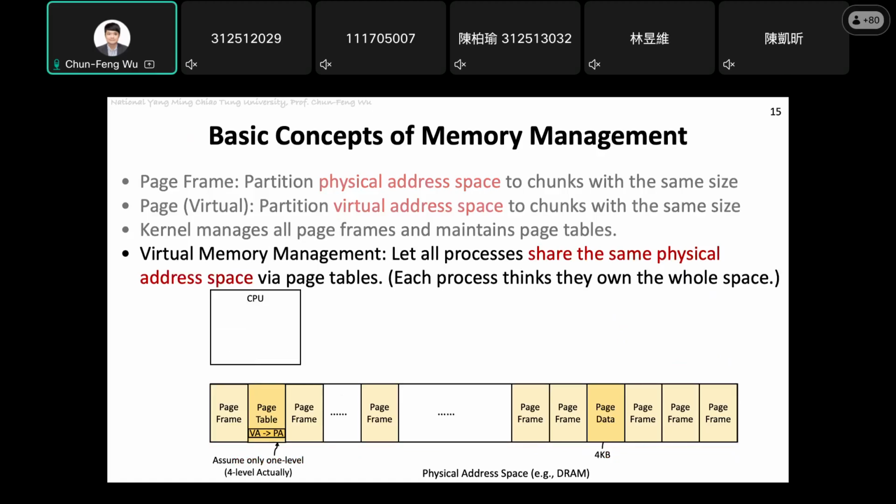So that is for the physical part. Actually, there is another side, which is the virtual memory management part. Virtual memory management lets all processes share the same physical address space via the page table, right?